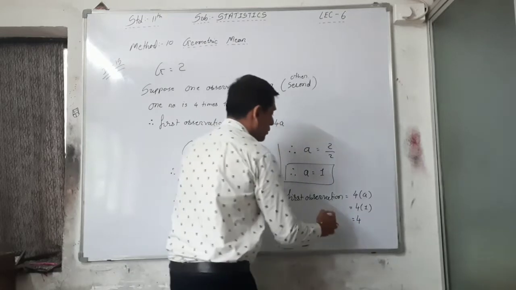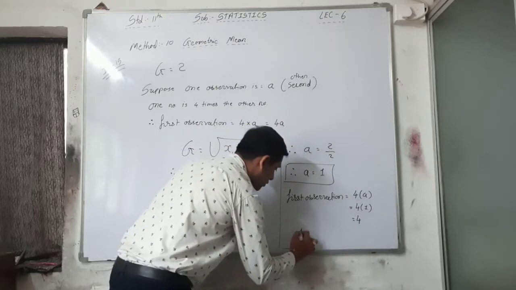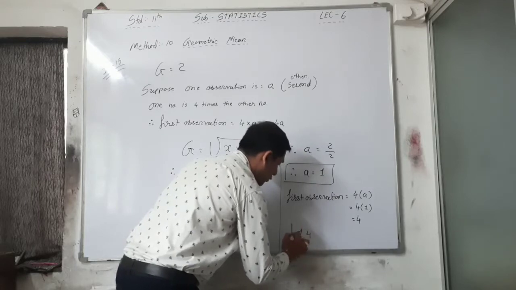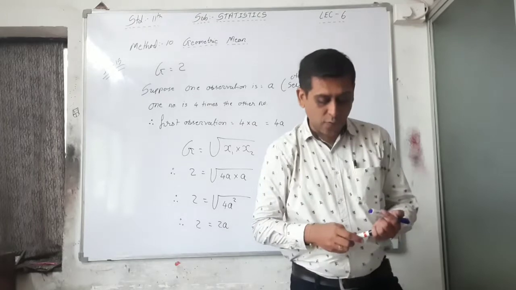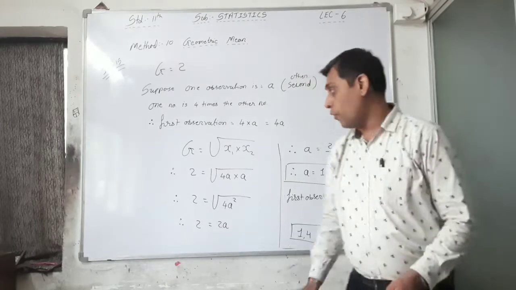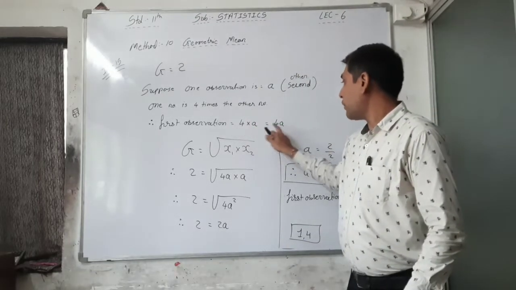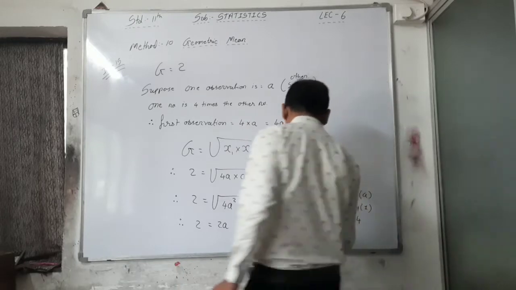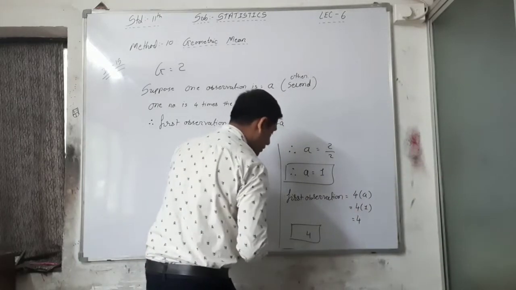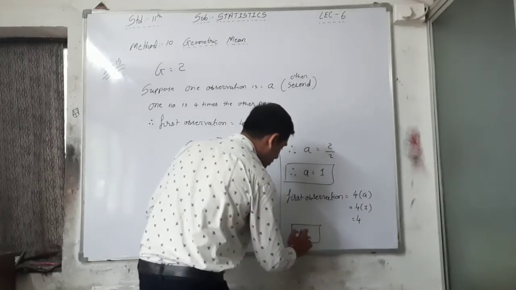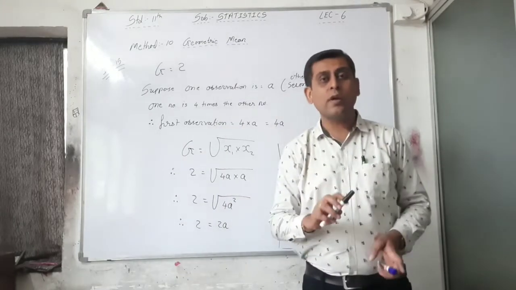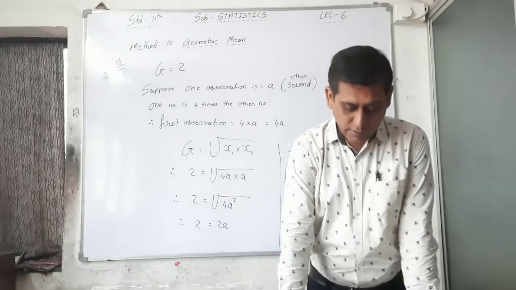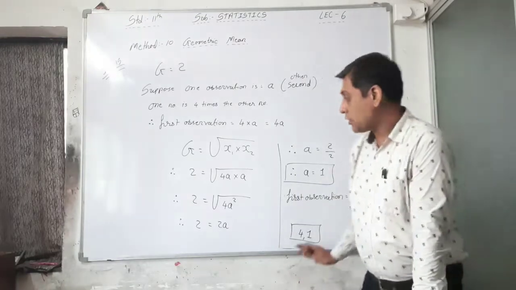So both observations are 1 and 4. Write down one line: thus we get the first number x1 is equal to 4A, that is 4, and the second observation is 1. So here the sum is complete.